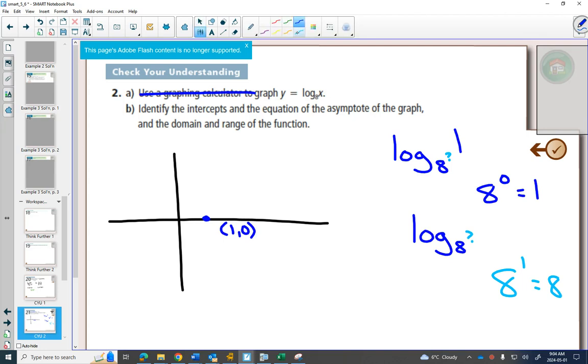So if I plug in 8, I'm going to get 1. If the base was 5, can you see that you would have the point (5, 1)? The base was 3, you'd have the point (3, 1). So all log graphs are going to have (1, 0), and all log graphs are going to have their base, 1.